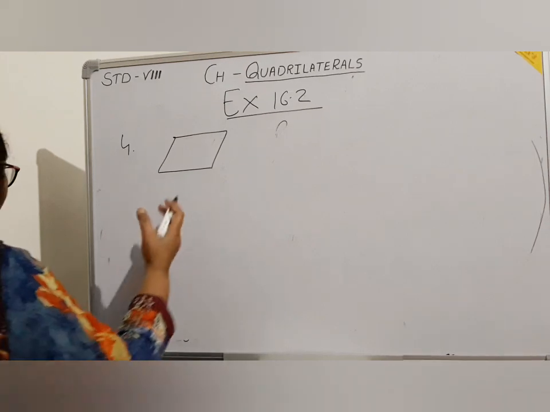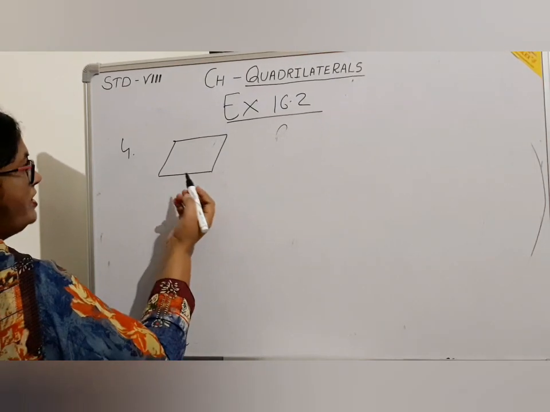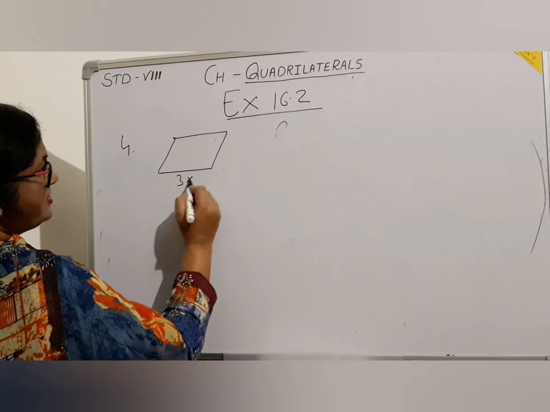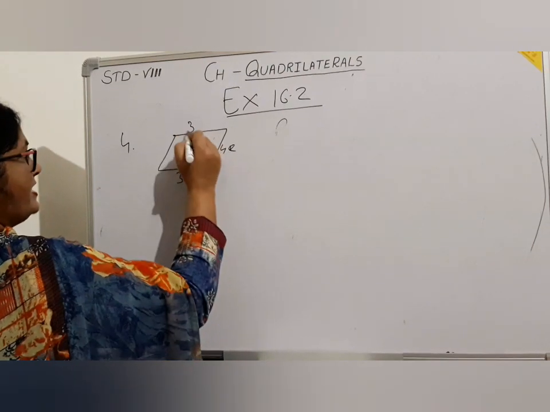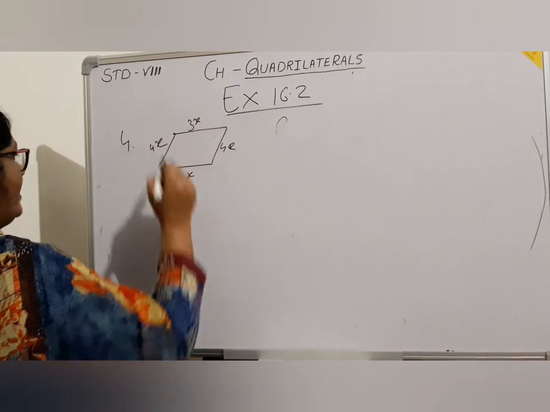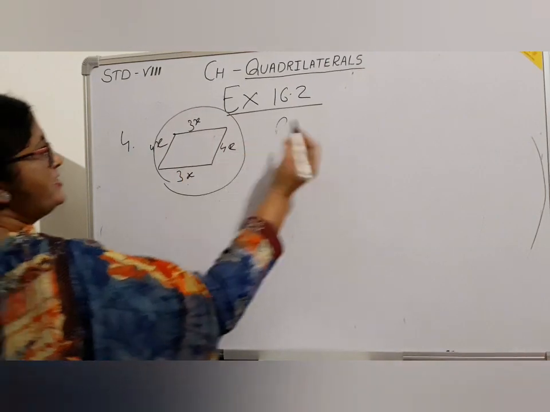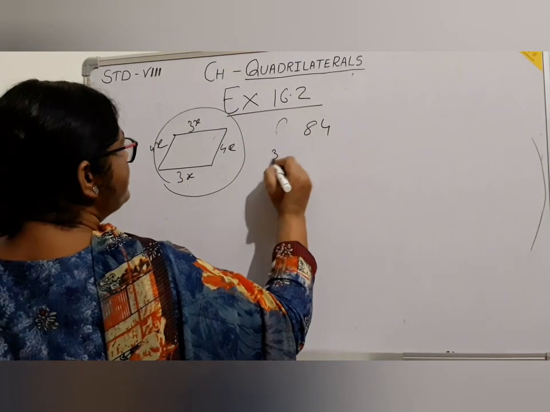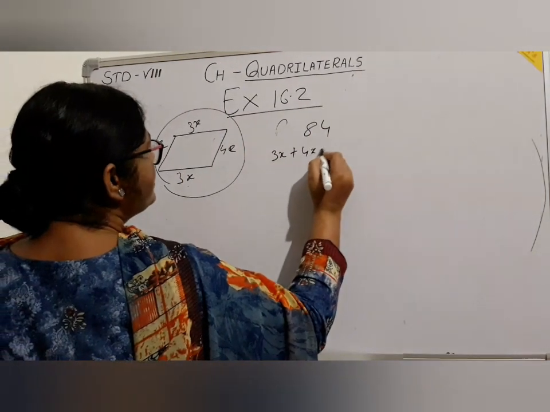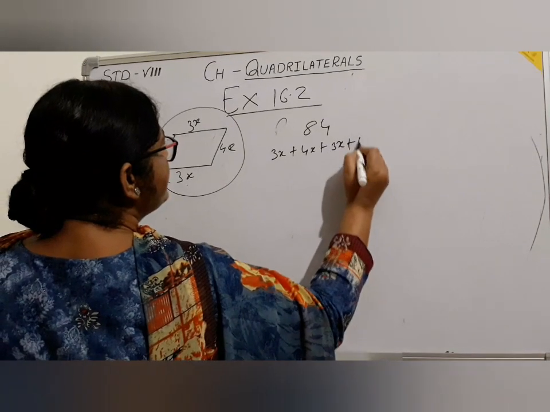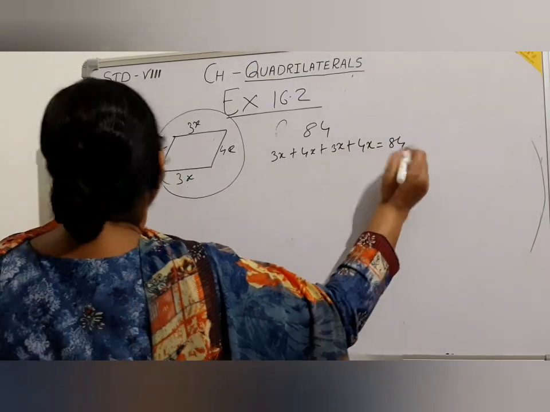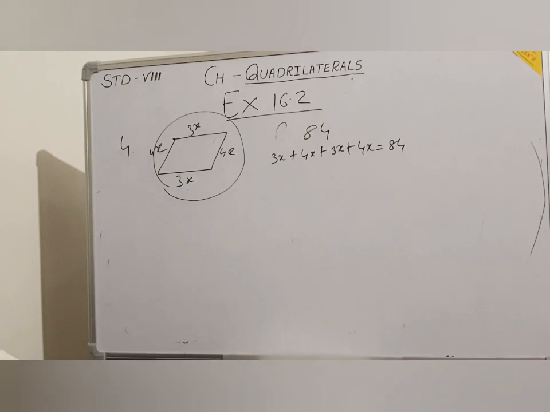The ratio between two adjacent sides is 3:4, which means this side is 3x, this side is 4x. Opposite sides are equal, and its perimeter is 84. Means 3x plus 4x plus 3x plus 4x is equal to 84, and the same for the third question.